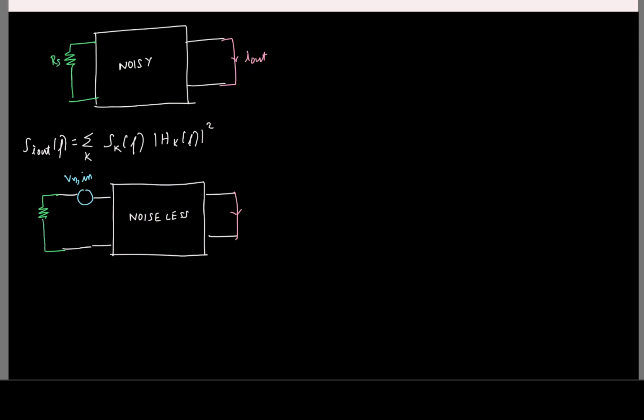But if the input resistance of this is small enough, it appears as though only a small fraction of this noise voltage is fed into the network and the output noise is very small. But that's obviously not the case. The network is generating the same amount of noise irrespective of the source resistance.